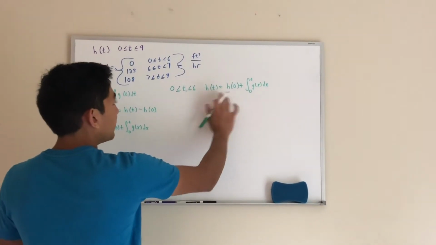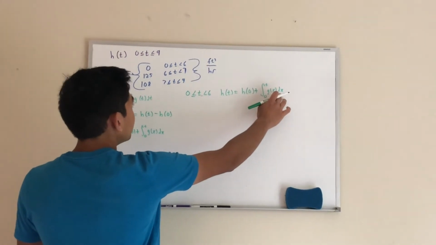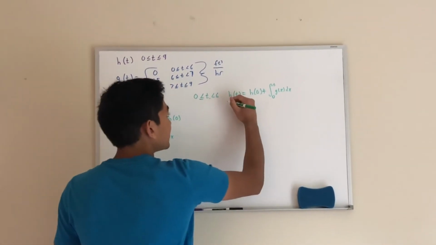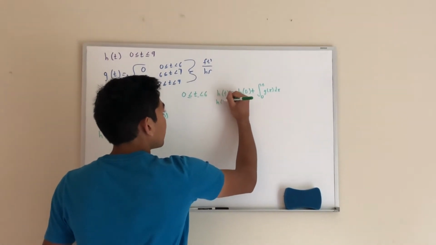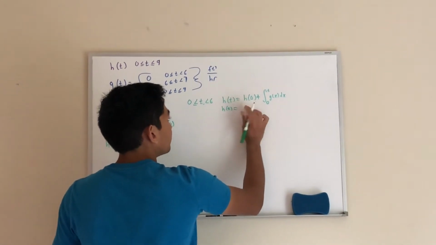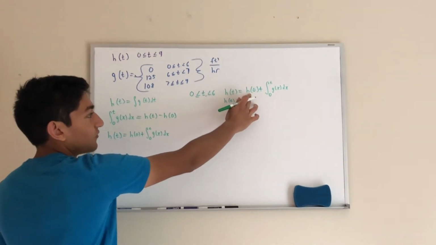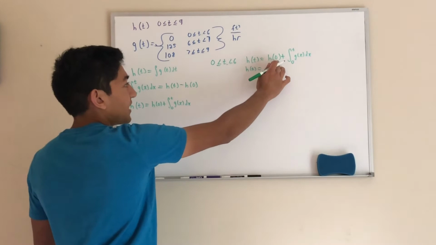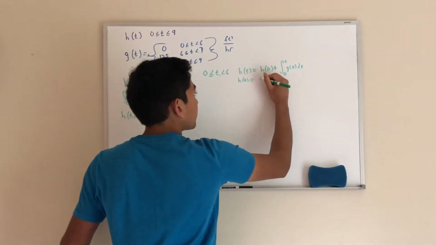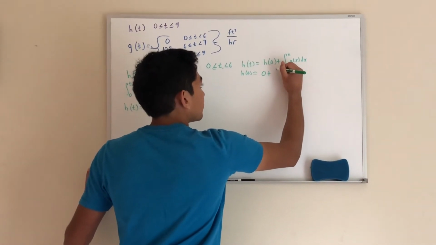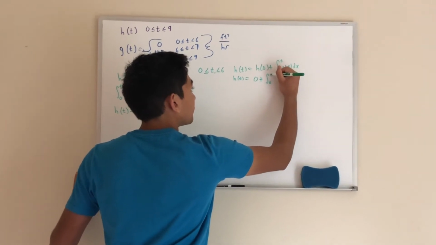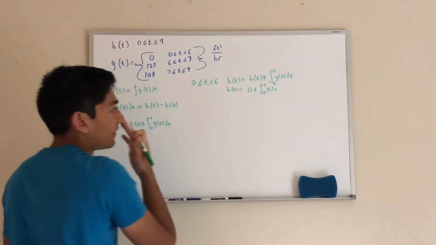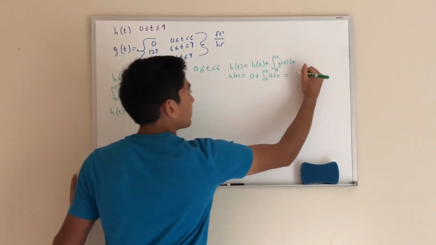We know that in this interval, g of x will always be 0, and that it starts out with no snow on the driveway. So the amount of snow on the driveway at time t equals 0 will just be 0. That will be 0 plus the integral from 0 to t of 0 dx, and that will just be 0.